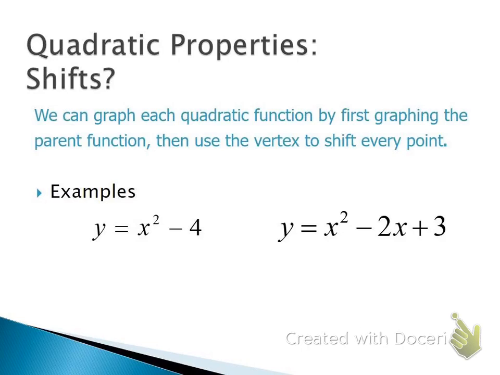So when we graph any function, like I said, we're going to work off of the parent function. The two ideas that we just talked about could change either shape or direction from the parent function, and we'll have to adjust the parent function from there. Any other quadratic function might also shift. It might sit somewhere else in the coordinate plane besides where the parent function does, and that is in terms of the vertex.